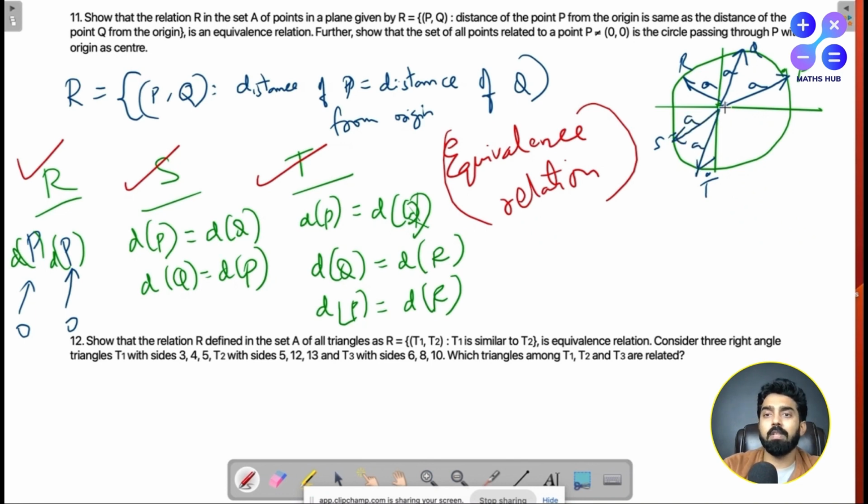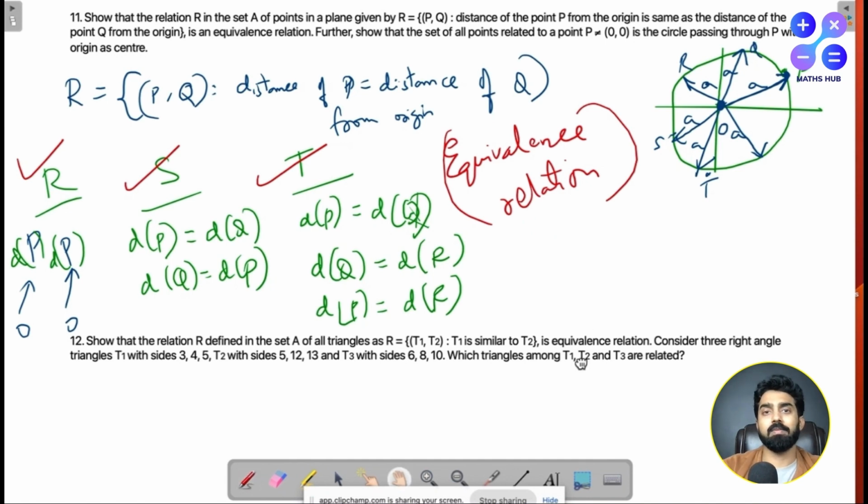And what happens when you have the same distance all around a particular point? If you start from the origin and draw equal lines in all directions, it's called the radius, right? So you keep rotating the radius all around, and then you get a circle, and of course P lies on that circle because it has the same radius, and that's how you get the circle passing through P with the origin at O, right?